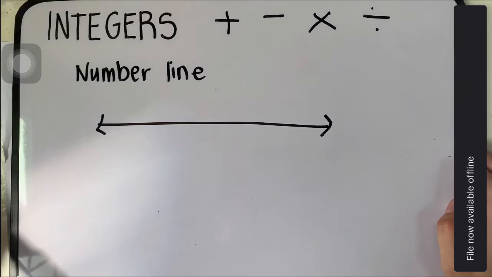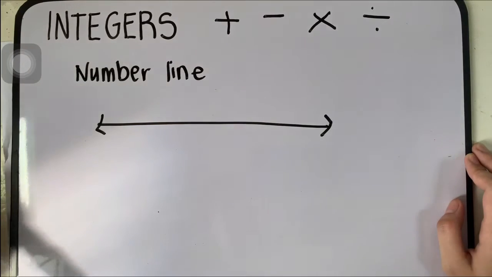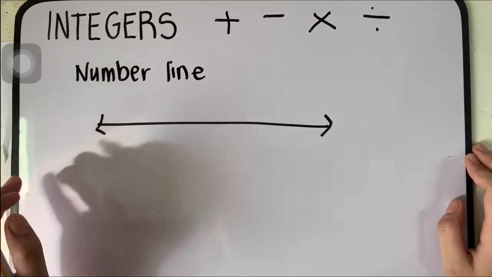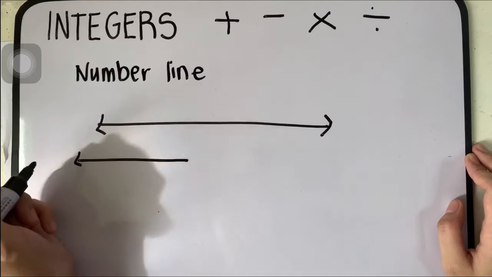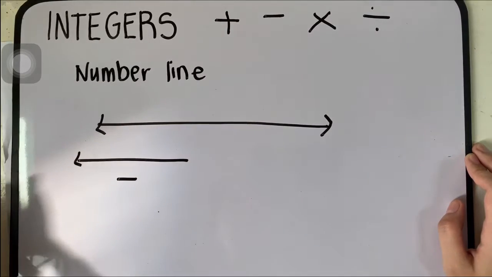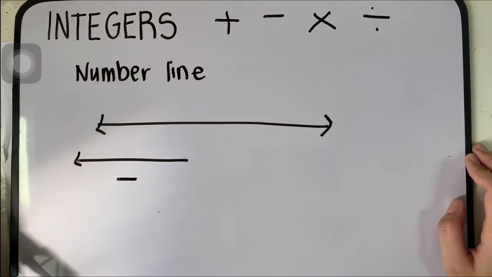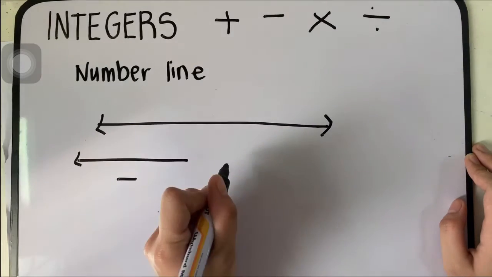When using a number line, we must always remember that when adding or subtracting a negative integer, we must always move to the left.